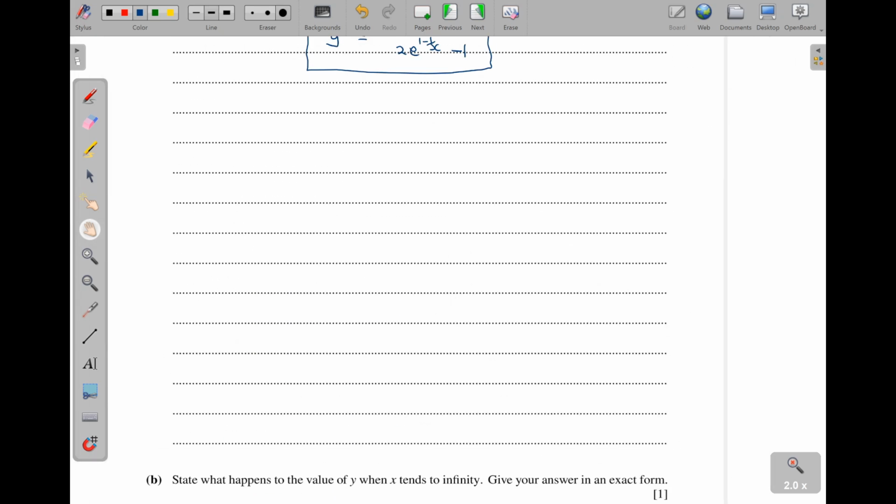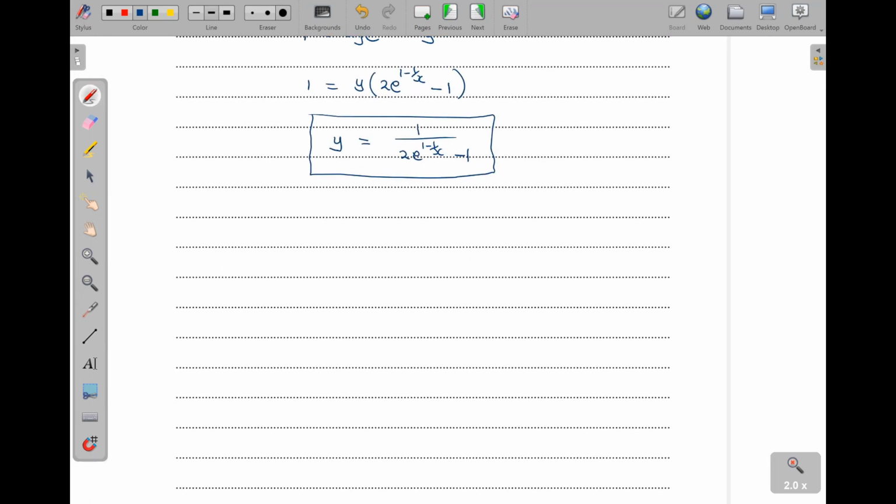So you come to this one here, x has become infinity. It's a very big value. So that means you have 1 over that infinity, which goes to 0. So this whole thing will go to 0, and then we shall have 1 over e to the power of 1, then minus this one here. So that will be the value of y.